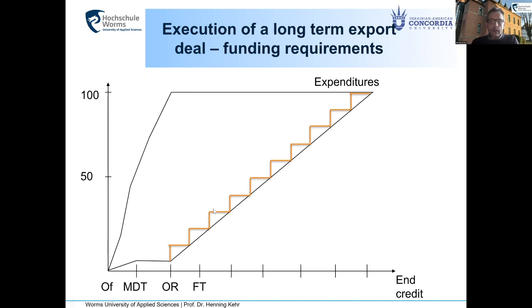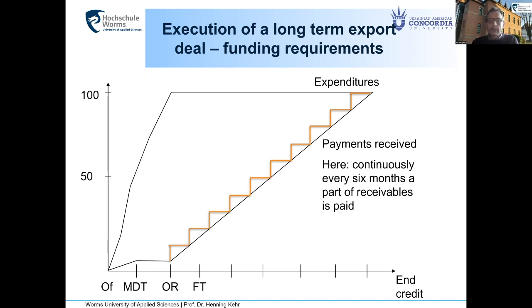Therefore, the stairs function here. But nevertheless, the problem is the financial gap in between these two. And that is what you have to finance. And that is perhaps a long-term credit.